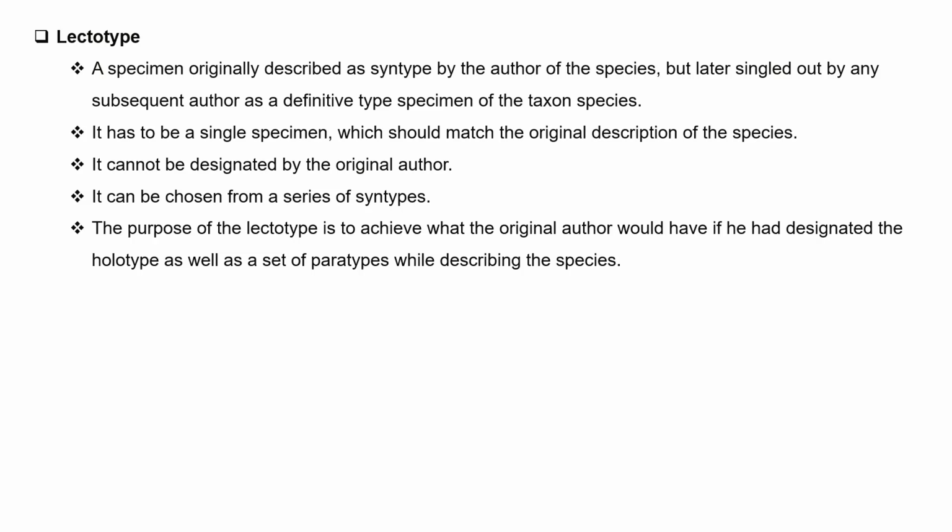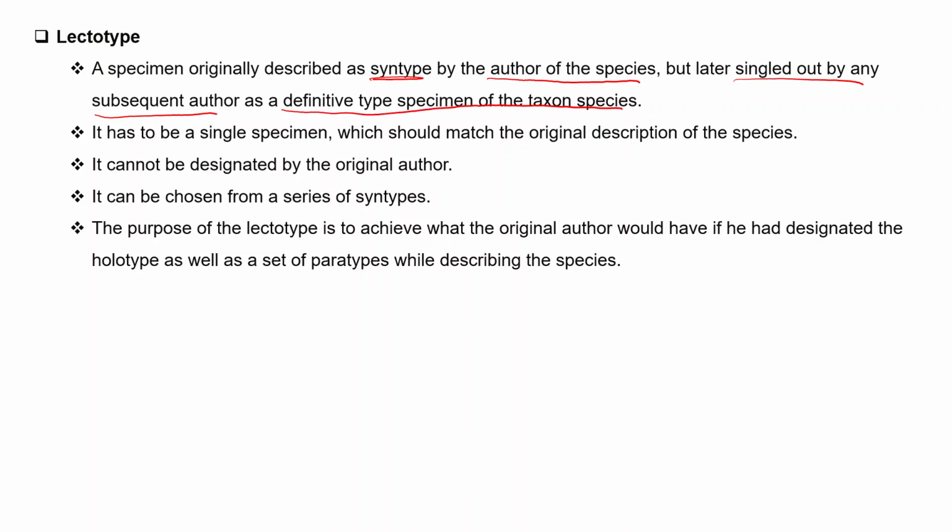Next is a lectotype. Here you have to understand that a lectotype is a specimen originally described as a syntype by the original author of the species, but later singled out by any subsequent author as a definitive type specimen of the taxon or species.